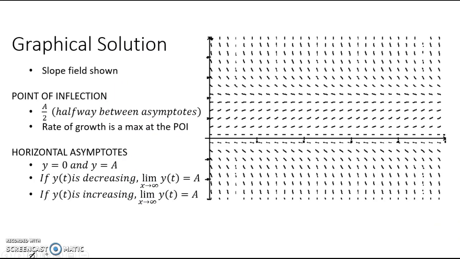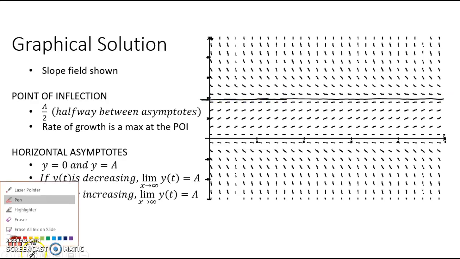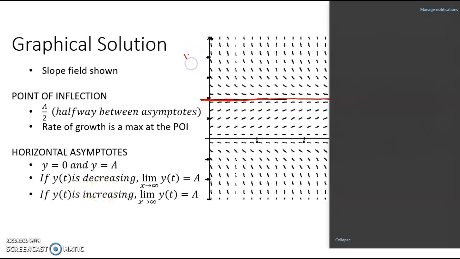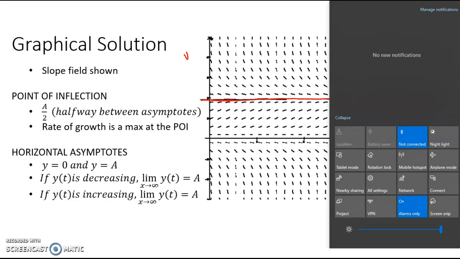So when I showed you the slope field for a logistic differential equation, there's my horizontal asymptote of y equals A. If my initial population is above my carrying capacity, my function will decrease.